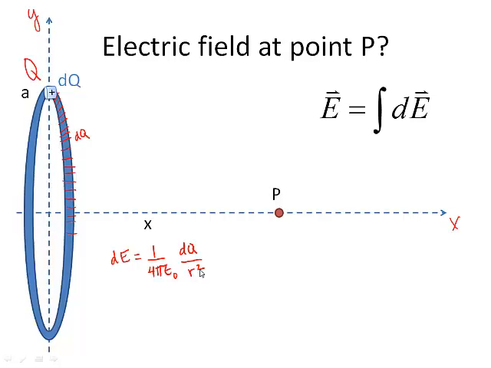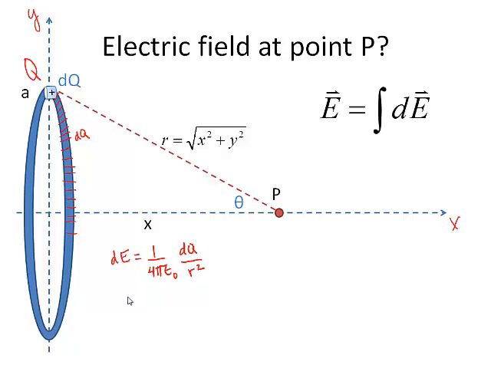The r squared we were referring to here is the distance between the charge dq and the point P. That distance is equal to the square root of x squared plus y squared. And notice also something that we'll be using later is that this vector r makes an angle theta with the x-axis. So that'll come in handy later.